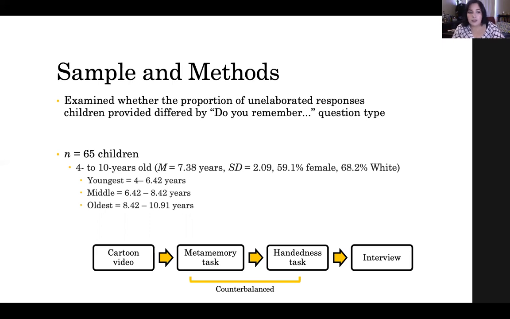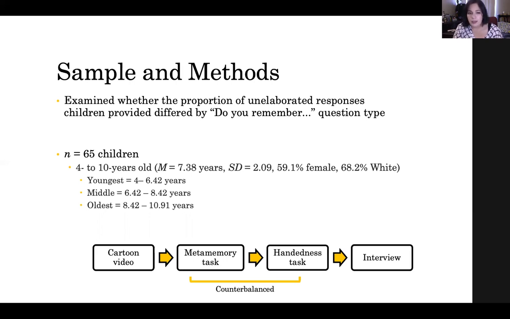So children participated in a single 30-minute session with an undergrad research assistant. So first they watched a short cartoon video about two cartoon characters looking for their missing dog. And next they completed two individual difference measures, a meta-memory task and a handedness task, which was used as a proxy measure of lateralization in the brain.